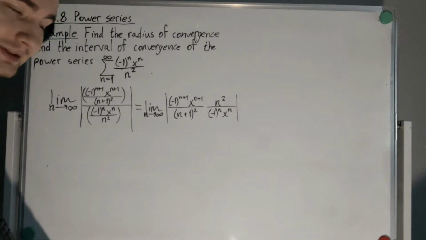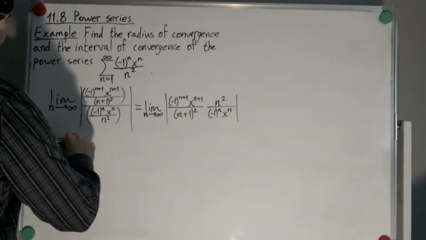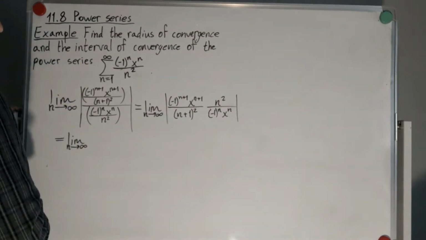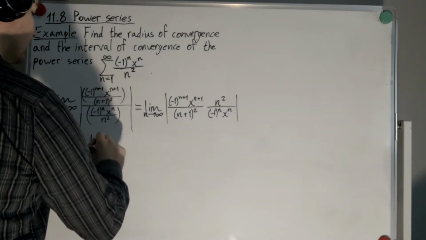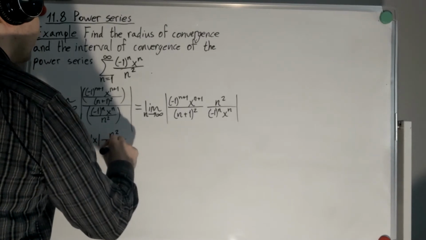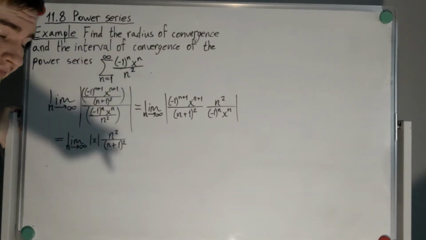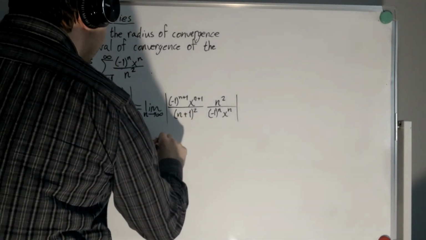And things cancel once again. Since we're taking the absolute value, those negative signs don't even matter. So this is just the limit as n approaches infinity of the absolute value of x times n^2 over (n+1)^2. And that limit is, again, 1. So this is just absolute value of x, and we need that to be less than 1.